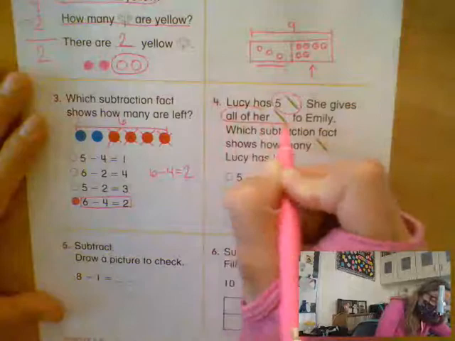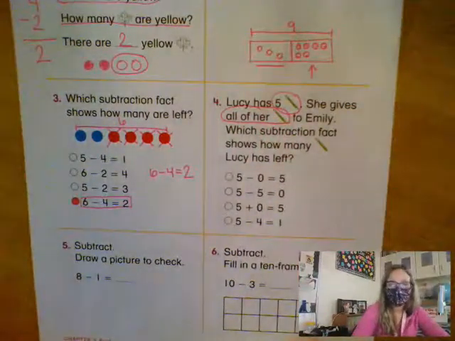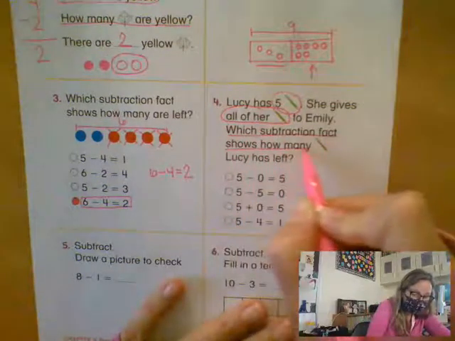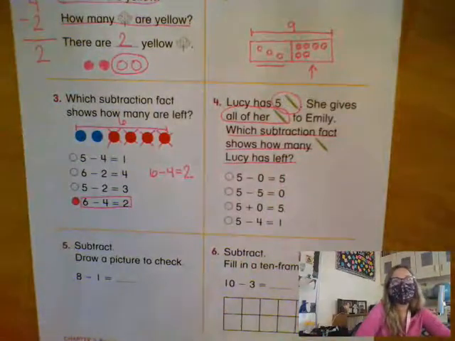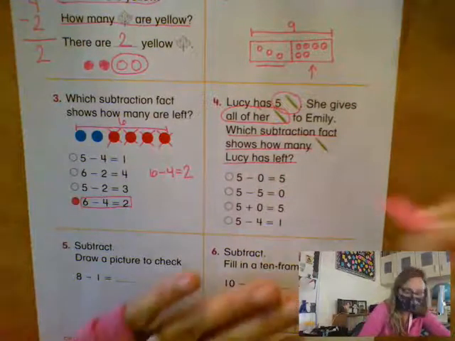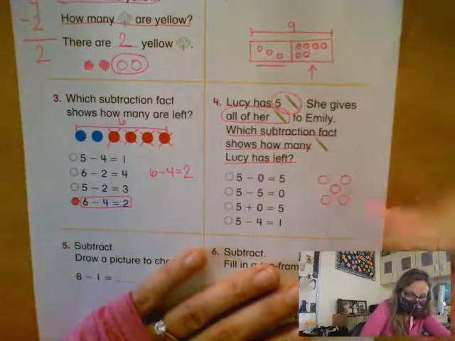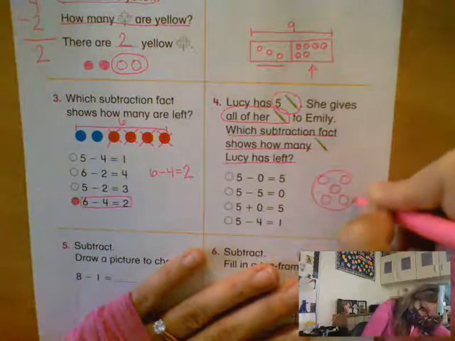All of her pencils to Emily. Which subtraction fact shows how many Lucy has left? So Emily, since your name's in this problem, she has 1, 2, 3, 4, 5 pencils, and she gives all of them to you.